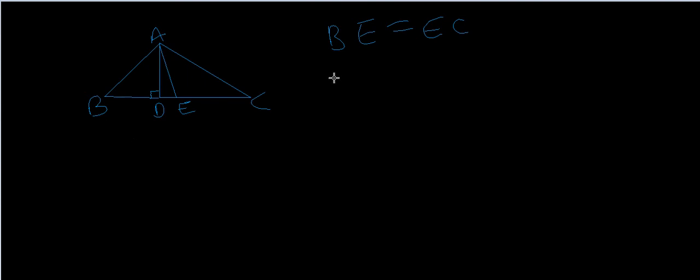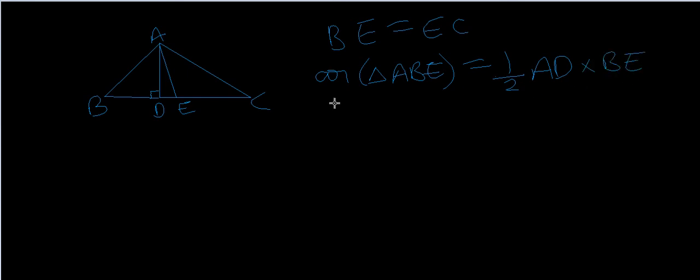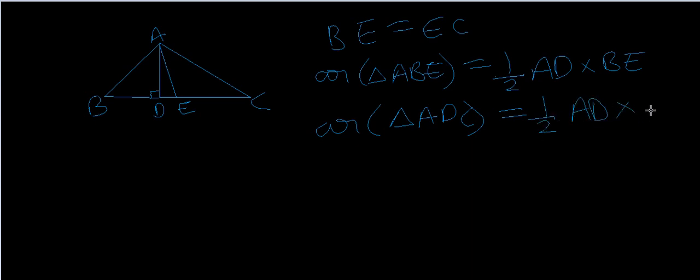And now, if I write the area of the triangle ABE, it is going to be half into AD, which is the height, into BE. And if I write the area of the triangle AEC, it is going to be half into the height AD into its base EC.